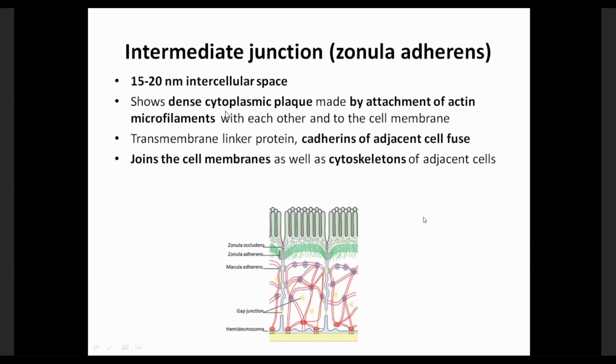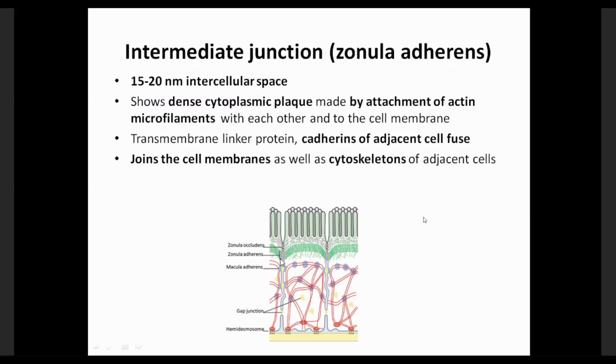Then intermediate junction. Intermediate junctions are zonula, same as tight junction, but they are not occluding, they are not a barrier. Instead, they are just adhering. They are only meant to connect cells together because there is a gap of about 20 nanometers left.